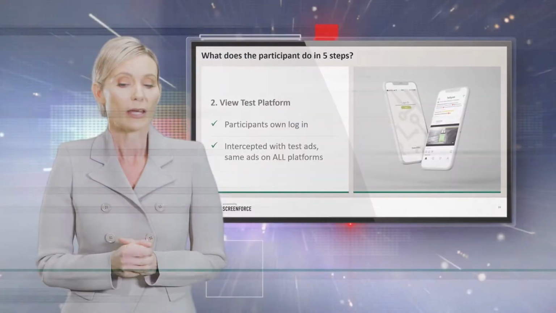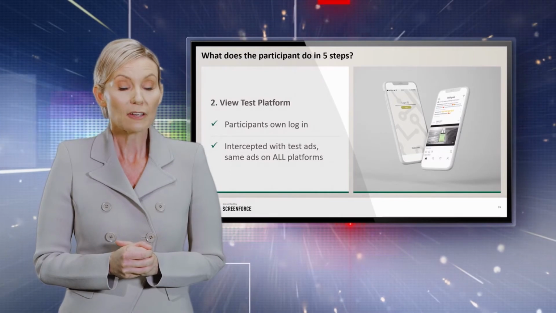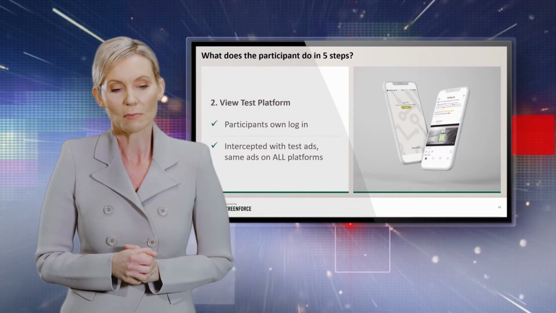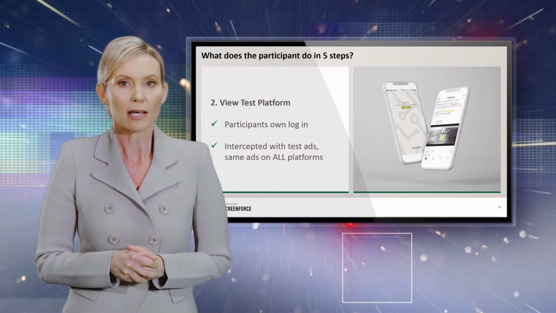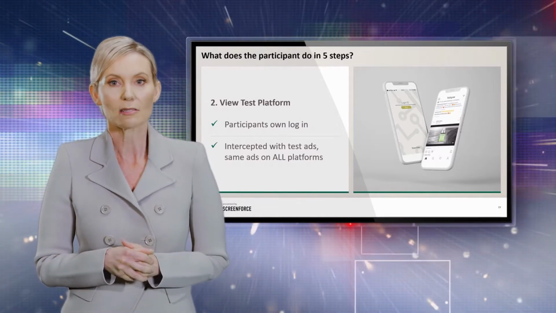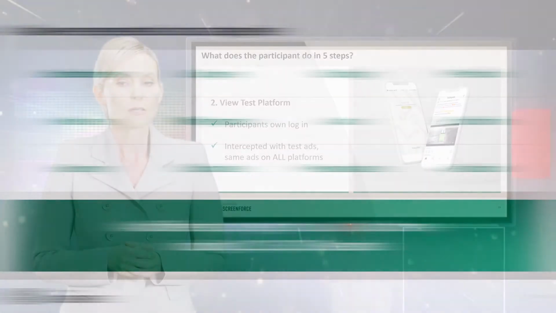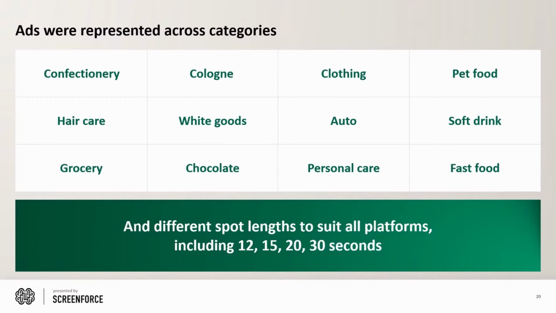In fact, we have tried to be really, really fair around the ads that we've chosen. Some of the questions I'm asked is, well, obviously long ads are more television and short ads are more social. So how do you reconcile that? We've been really, really careful about our ad choice and made sure that we have a good cross-section of long, medium and short ads, so that some suit one platform and not the other.